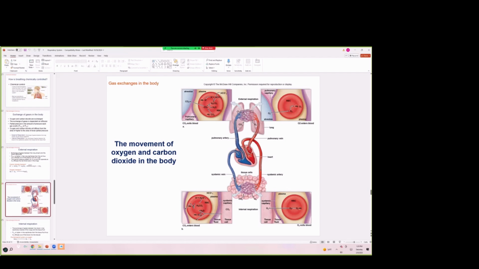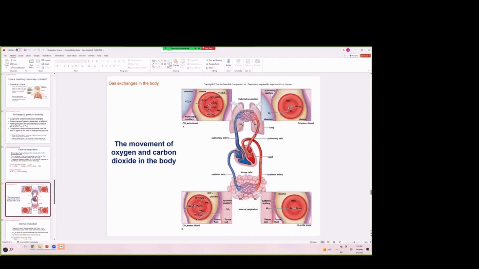And getting rid of the carbon dioxide, this is what happens here. So you're in your lungs, you have the blood vessels, and then what happens in the blood vessels? Carbon dioxide is moving out of the blood into the lungs, and oxygen is coming in.